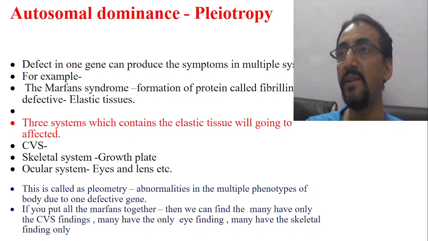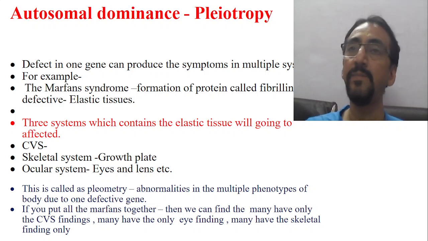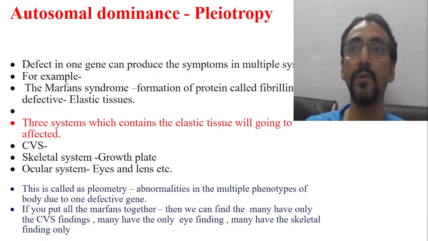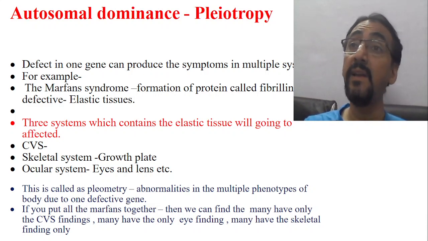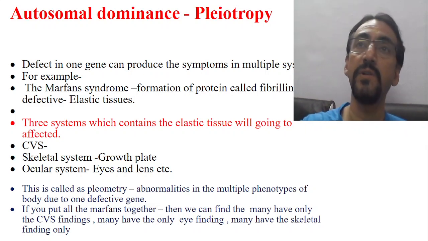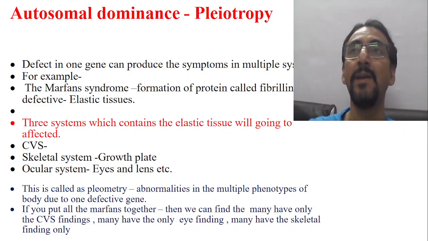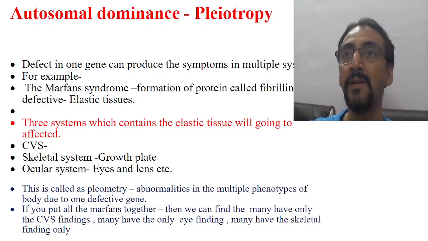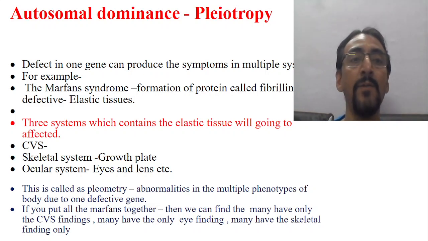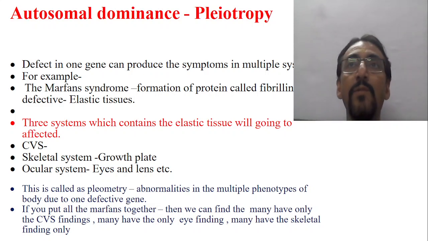Suppose one gene is defective, and that gene is responsible for the production of a protein, and that protein is utilized in different parts of the body for the formation of different structures. So when that particular protein is absent, multiple systems of the body are affected, and that leads to multi-system involvement. For example, take Marfan syndrome.